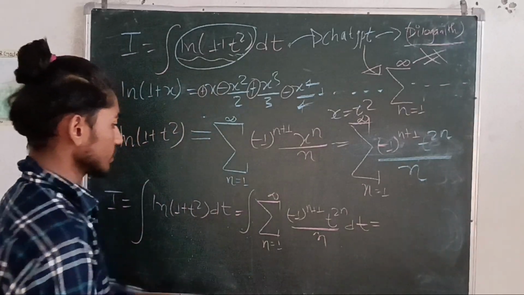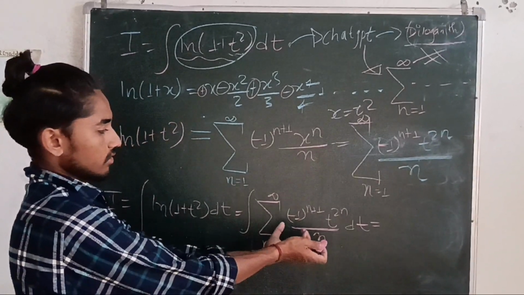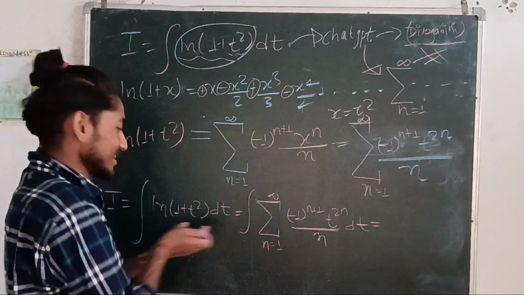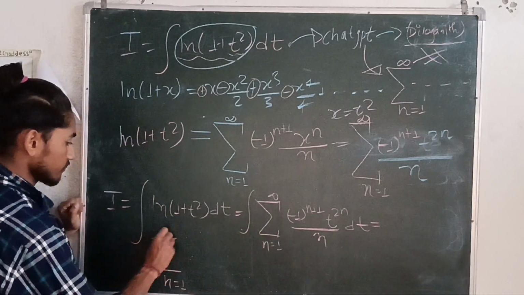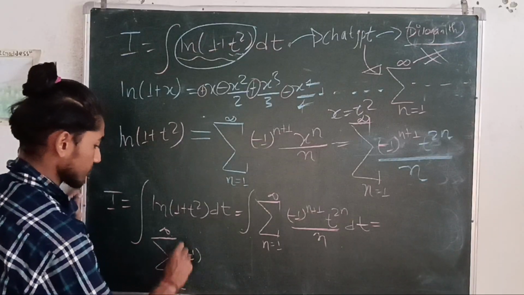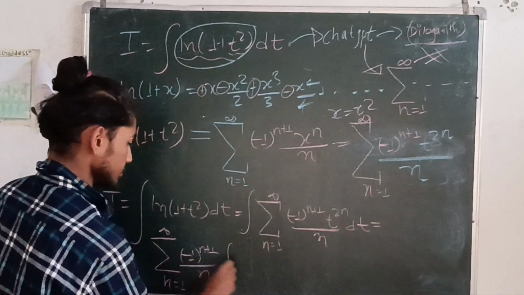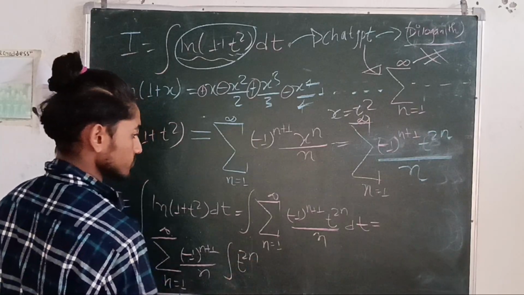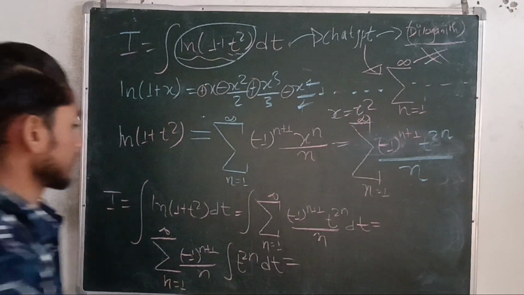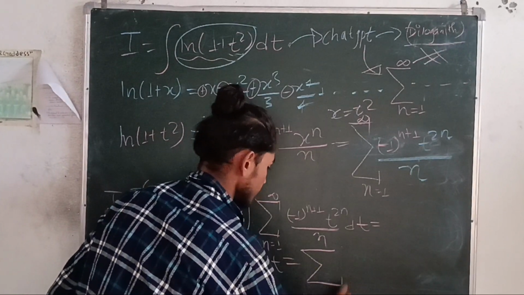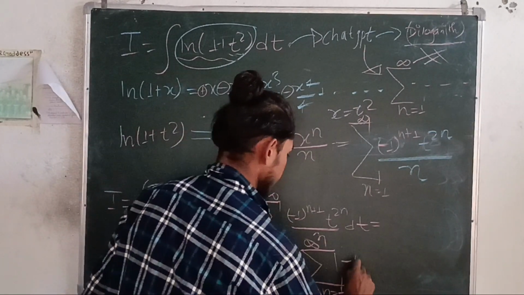And if you know that you can take the constants out of the integration, it goes like the summation from 1 to infinity of negative 1 raised to the n plus 1 over n, and the integrand is just t raised to 2n dt.